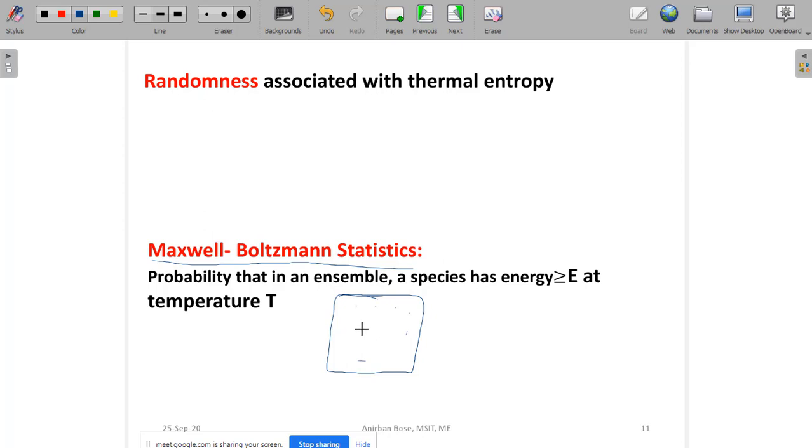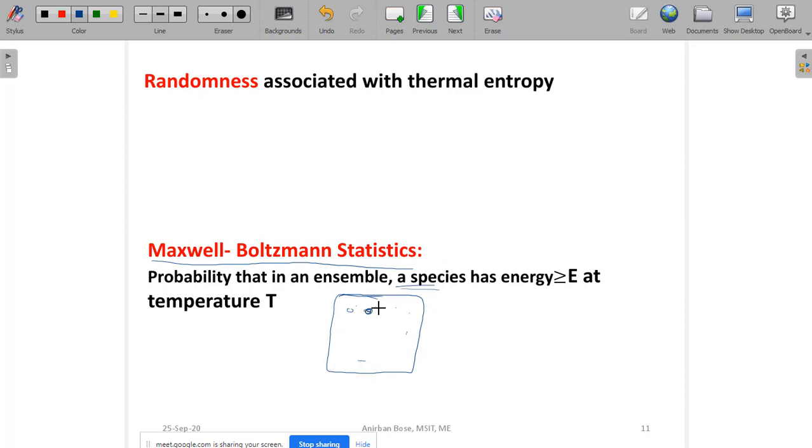In these atoms, we have already seen that atoms have different levels of energy. They vary from a very small value to a very large value. So different statistics are proposed. One of the very important ones is the probability that in an ensemble a species has energy greater than or equal to E. In this case you can consider the species to be the atom.